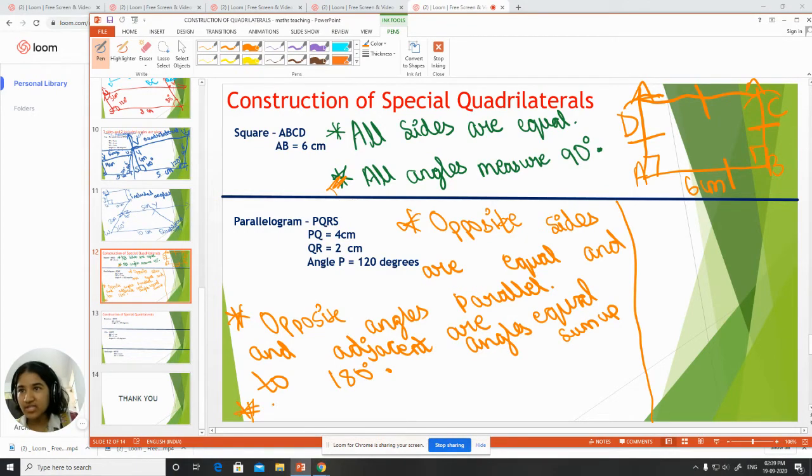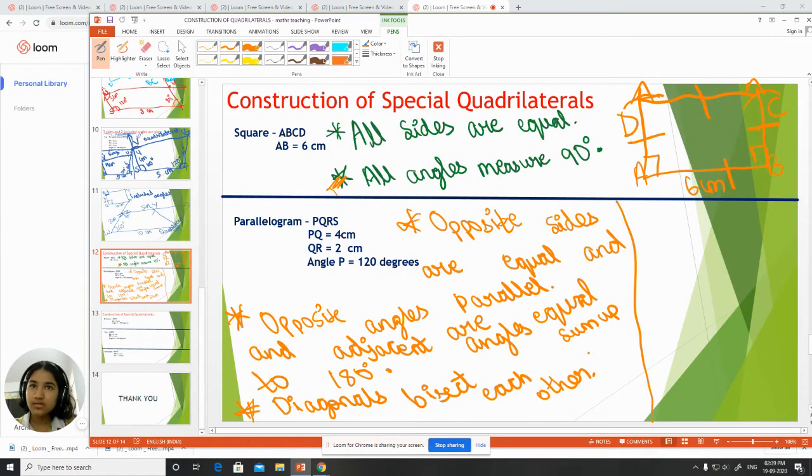Diagonals bisect each other. So this is a parallelogram.